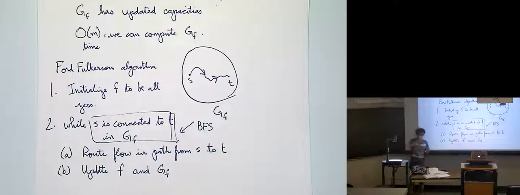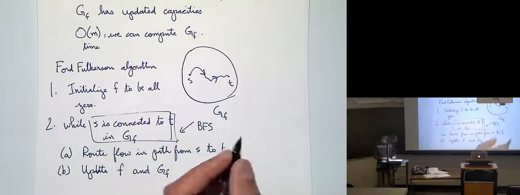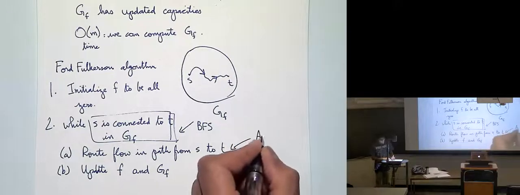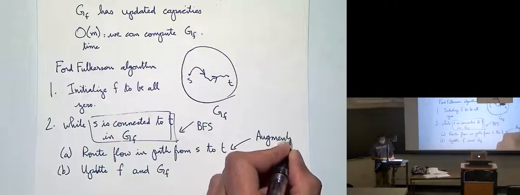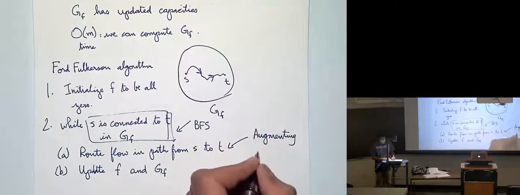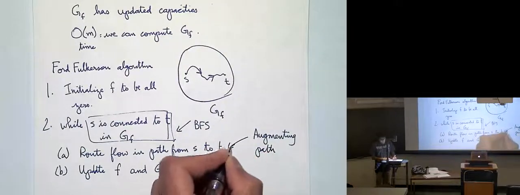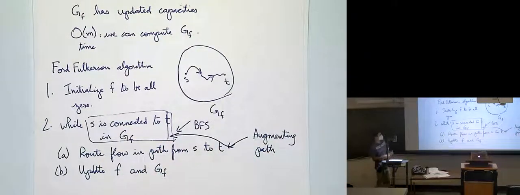And so it just keeps adding flow. This is known as, well, rather, that is called the augmenting path. The augmenting path is, once you compute the residual, the path that goes from S to T. So you augment on that path, you recompute the flow, so on and so forth.